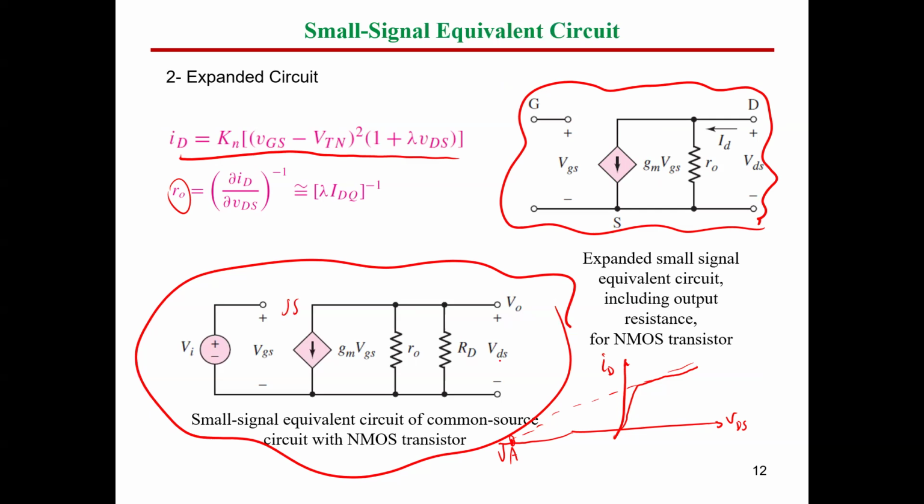Here, take care that these values represent RMS or phasor values. So this is VGS RMS value, this is VDS RMS value, and this is V input RMS value. RMS values means it's the RMS of the AC component. So again, this is the AC small signal equivalent circuit of the N-channel MOSFET using the common source configuration.